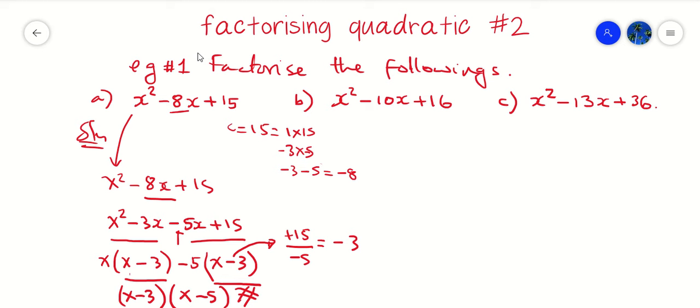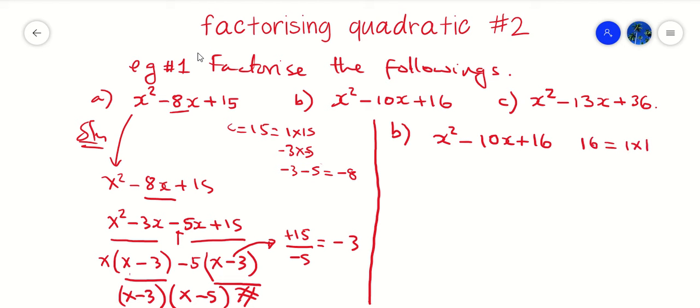Kwa hiyo acha tuone how to do part B of this type. Part B tunayo x square minus 10x plus 16. What are the factors of 16? 16 ni 1 times 16, lakini this haiwezi ikatupa middle term ambayo ni negative 10.